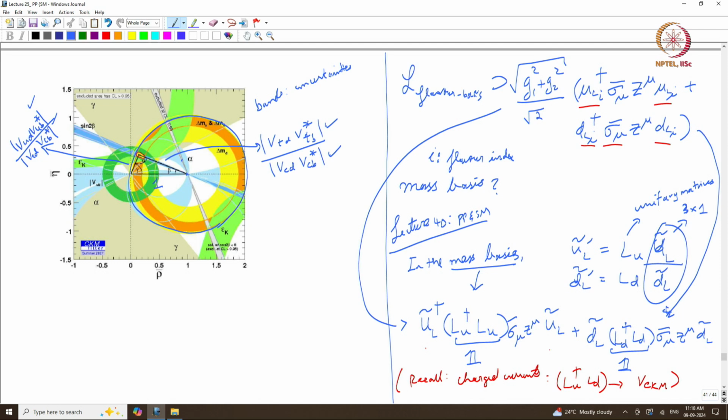You measure with the best uncertainties possible the absolute value of the elements, but you cannot measure the angle. Then what can you do? You can draw this circle. You can take 0, 0 as the center of your circle, and you get this circle up to the measurement bands. So what is the use of this?